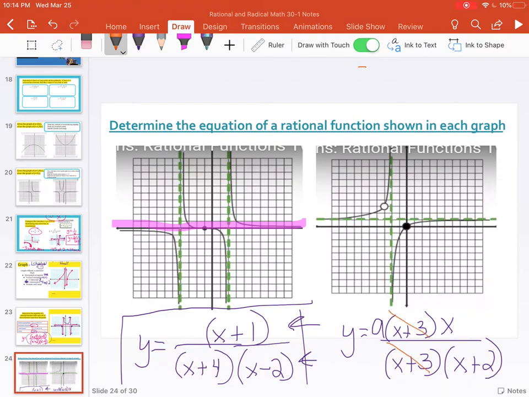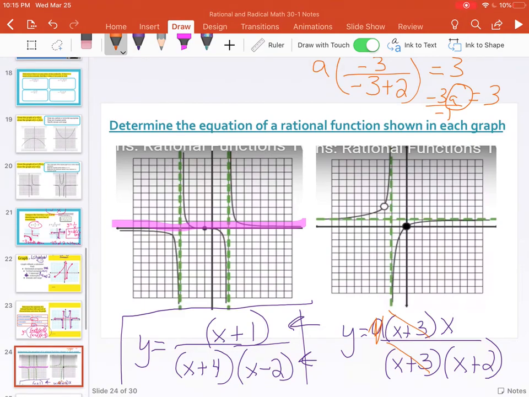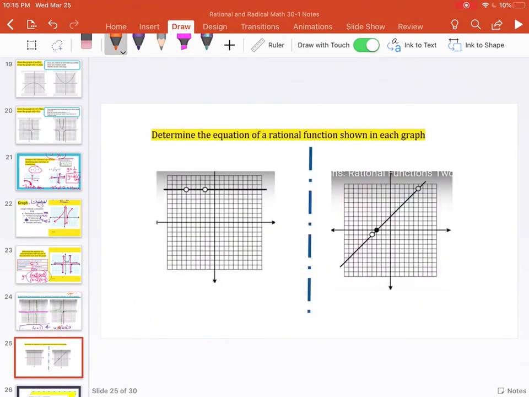If you were to substitute -3 in for x, you'd end up with -3a over -3 plus 2. And if you look at the y value in your point of discontinuity, it is at +3. So then I end up with -3a over -1 equals +3. So I know my a value is 1. So this graph, you don't have to worry about an a value. But you can actually use the point of discontinuity to help you find an a value if you needed one.